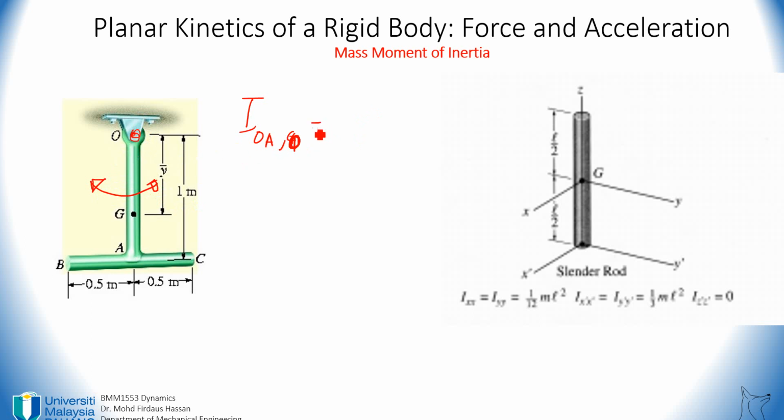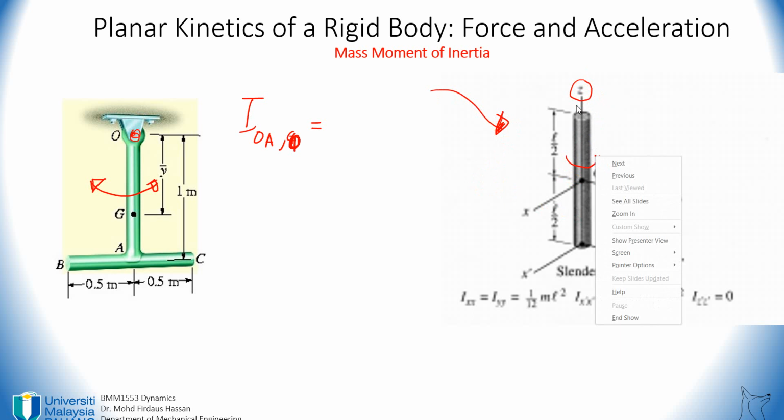is equal to 1. So you have to refer to this mass moment of inertia diagram. If you imagine that it rotates about Z, it means that it rotates like this, like you're holding a pen and rotating it. Now you have to tally this with this kind of problem.